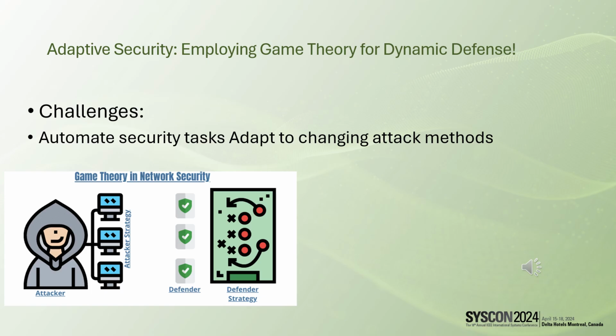Our goal is not just to respond to the threats, but to anticipate and neutralize them before they can cause harm. To achieve this, we are looking at automating security tasks, allowing AI-driven systems to handle the routine, while also adapting in real time to the changing tactics of attackers.